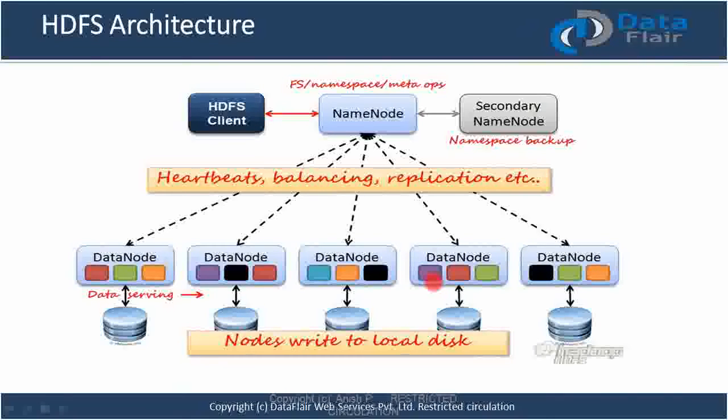Okay, Sandil is asking a question: at any given point, will the NameNode always send the address of the first block in DataNode 1? No, Sandil, it's really not like that. For a specific file, suppose this is block 1, it is not necessarily on slave 1.